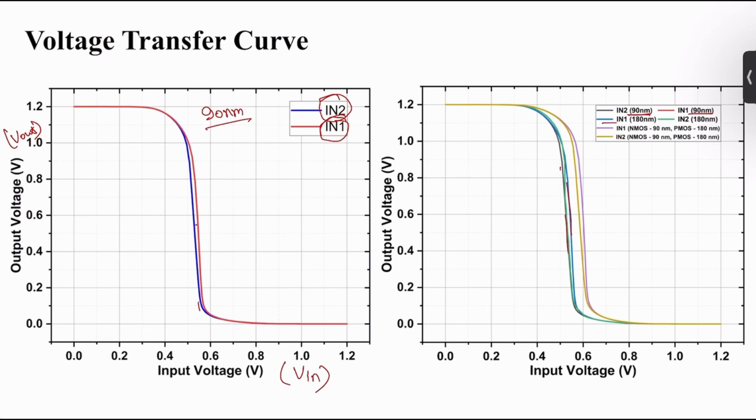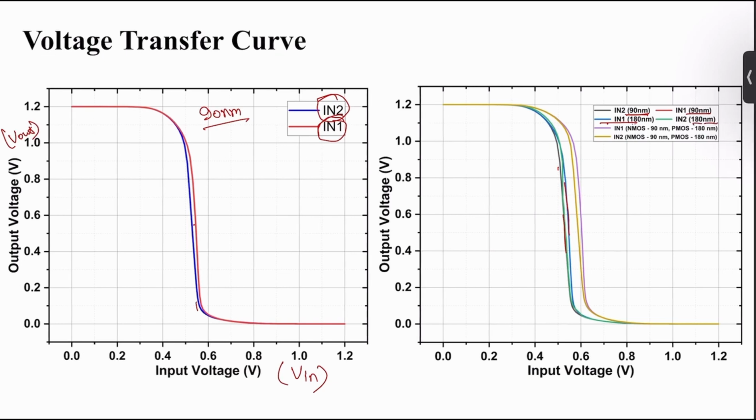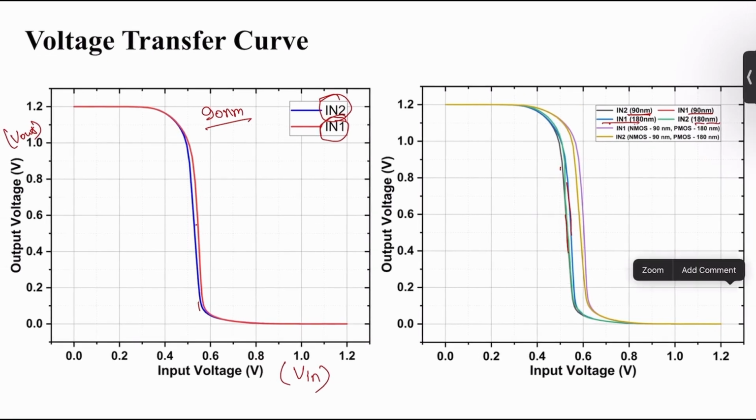Here we can see input 1 at 180 nanometer and input 2 at 180 nanometer. I think the red line is overlapped with another curve, so it is not visible here, but it is right there. Here we can see input 1 at 180 nanometer, that is this line, and input 2, this one.